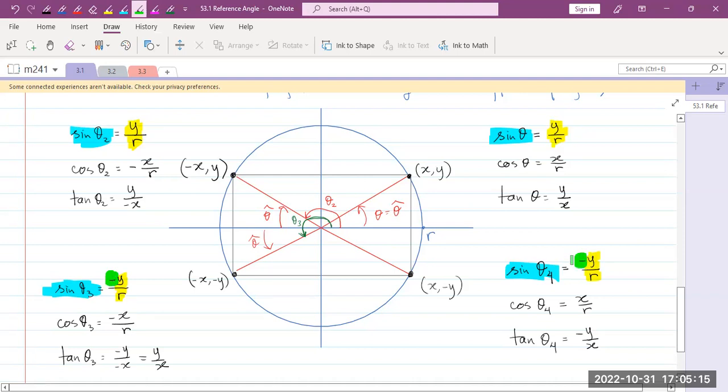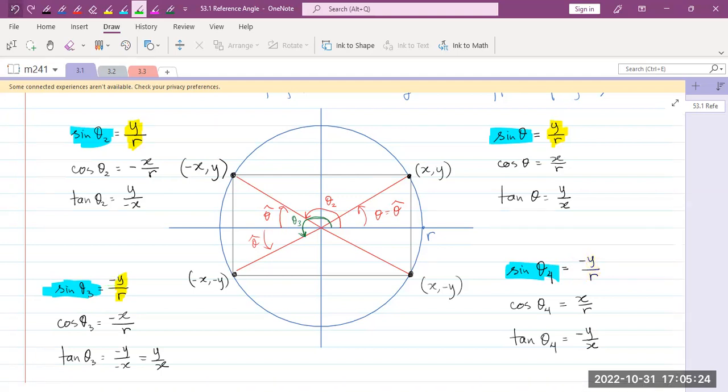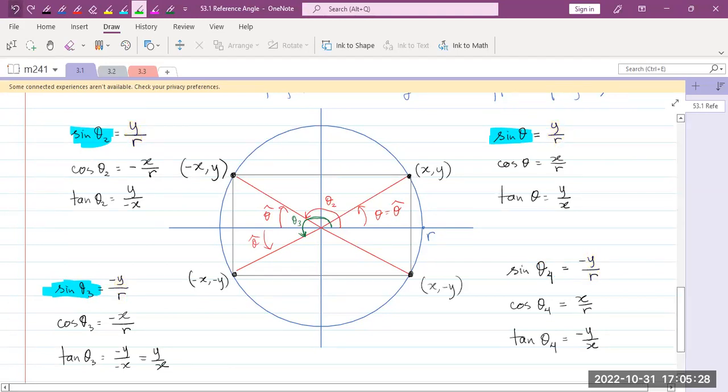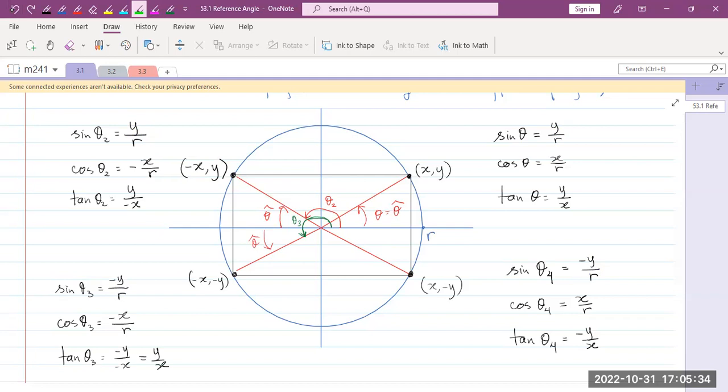All trig functions are positive in quadrant 1. In quadrant 2, of these 3 primary trig functions, only sine is positive. Quadrant 3, only tangent. Quadrant 4, only cosine.